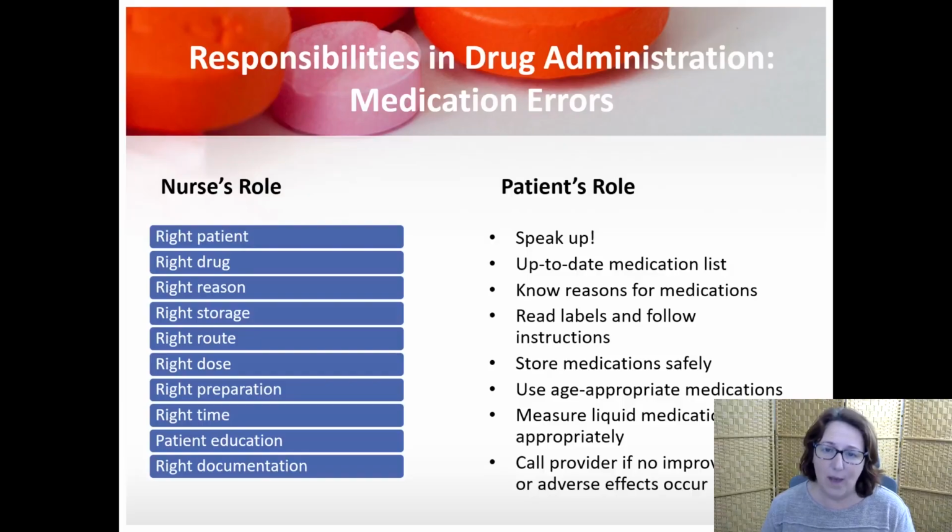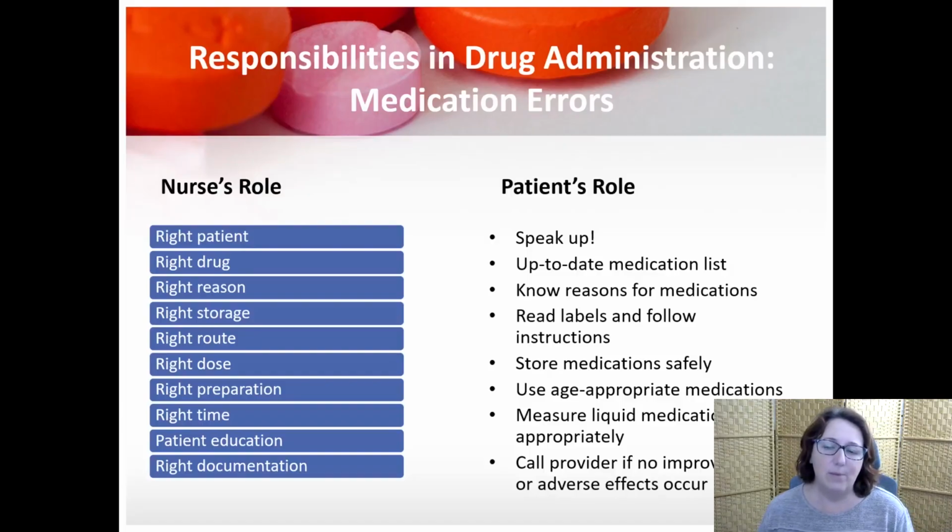The patient also has a role in safe medication administration. They need to keep an up-to-date list in their wallet or on their phone, and this is both for adults and for kids. They should store medications safely, in cool, dry places, not the bathroom, away from kids and pets. When giving over-the-counter medications to kids, they should use only medicines that were made for kids to ensure correct dosing.